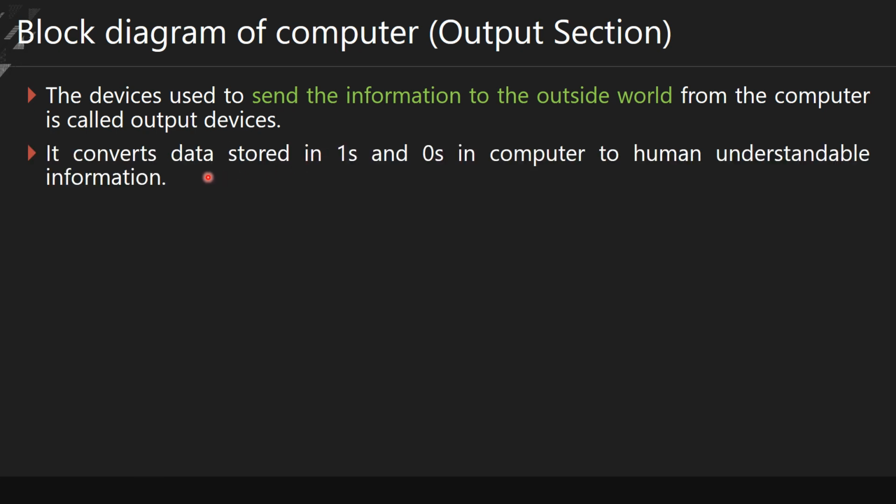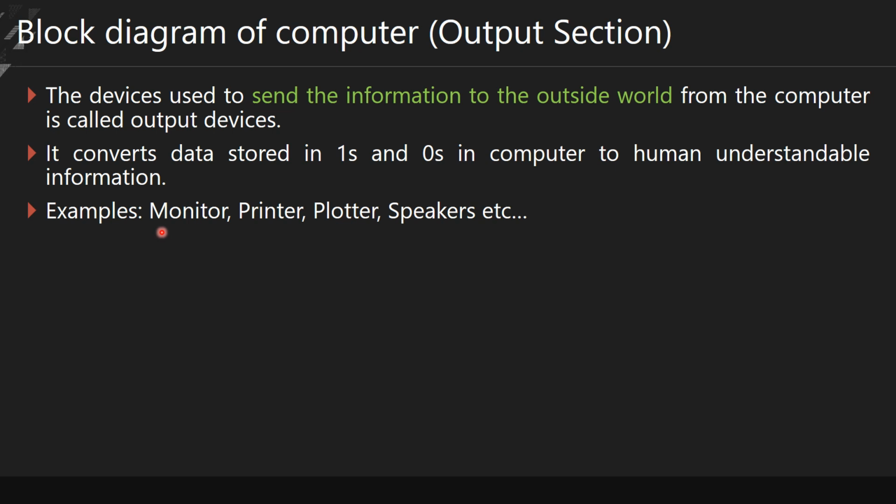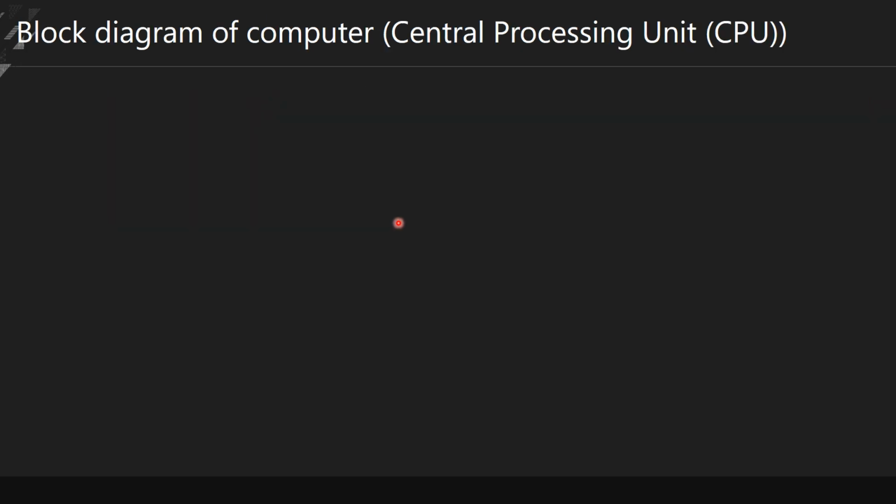The major task of a device like the monitor is to convert data stored as ones and zeros inside the CPU to human understandable information. The output devices used here are monitor, printer, plotter, speakers, and many more.